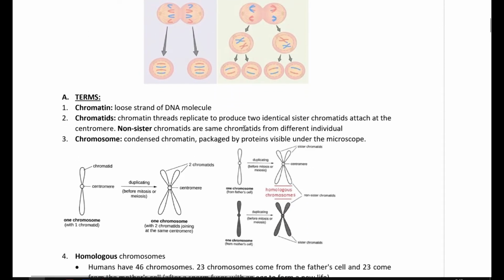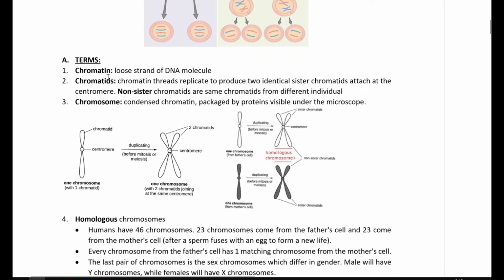Chromosomes, as you have learned under cells and structure, are made up of chromatin. Chromatin consists of loose strands of DNA. We have a couple of terms that look very identical, but they mean totally different things. When these loose strands of DNA molecule tighten up together, that's when I have condensed chromatin.